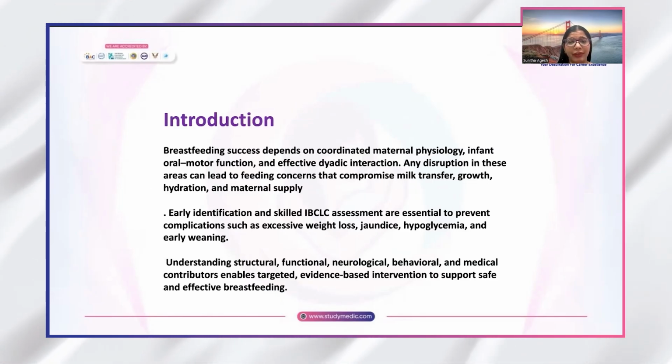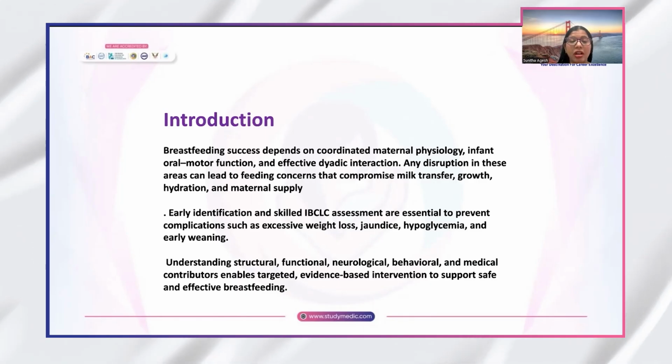Breastfeeding is a dyadic interaction between the mother and baby. So if either of these is disturbed, it will end up with disruption in milk transfer, growth, hydration, and maternal supply will also be affected.